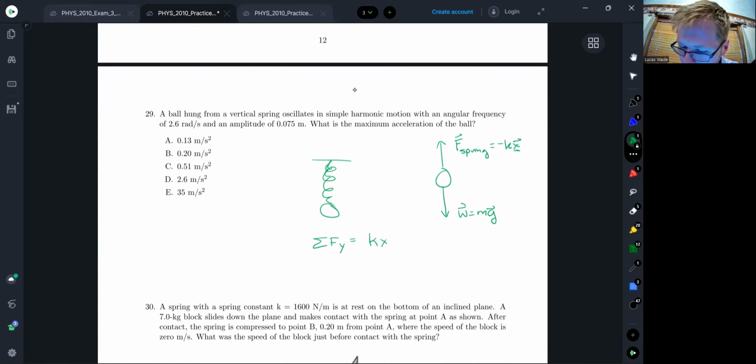So in terms of the components, it's positive kx because it acts upwards, minus mg because that acts downward, right? That's our negative y. That's our positive y. And so if it's just at rest, then it has to be the case that kx equals mg. And that actually tells you exactly how far the spring stretches as a result of hanging this mass. It's mg over k.